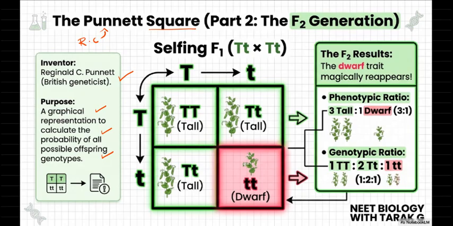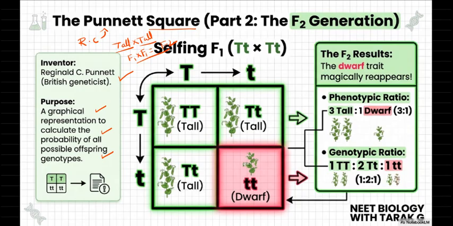In the F1, all are tall plants. Now tall into tall is the selfing of F1. F1 into F1 will give the F2, the second filial generation.